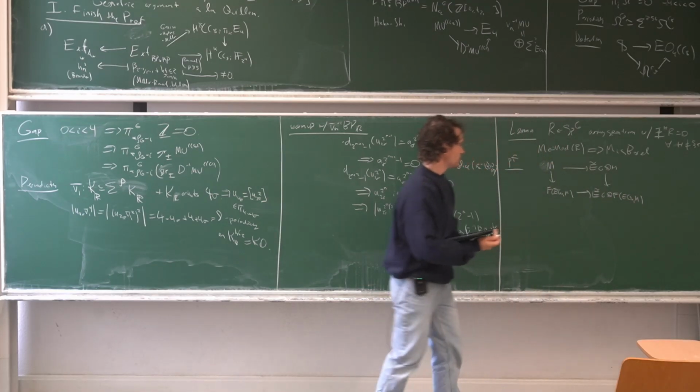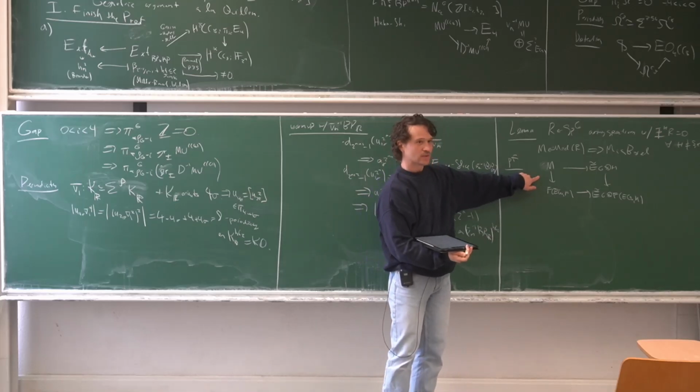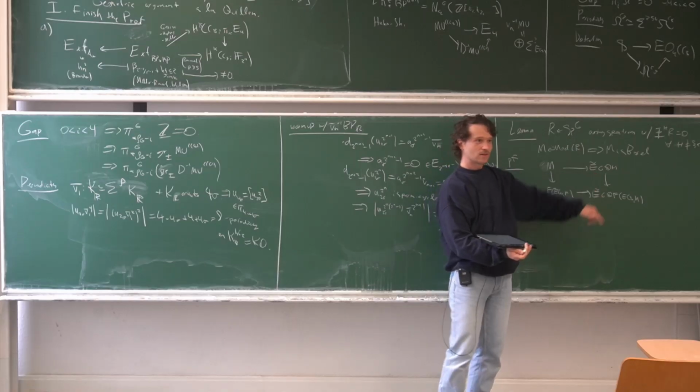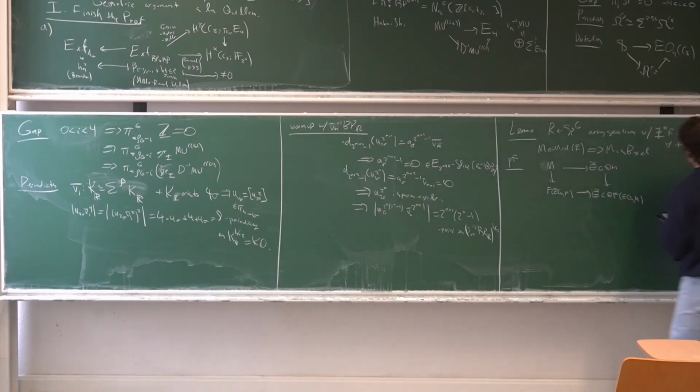We want to show that this map is an equivalence, and so it would suffice to show that both of these things are 0. But the point is that this condition here tells you that E tilde G tensor R is 0, and these are both modules over that. So these are both 0.